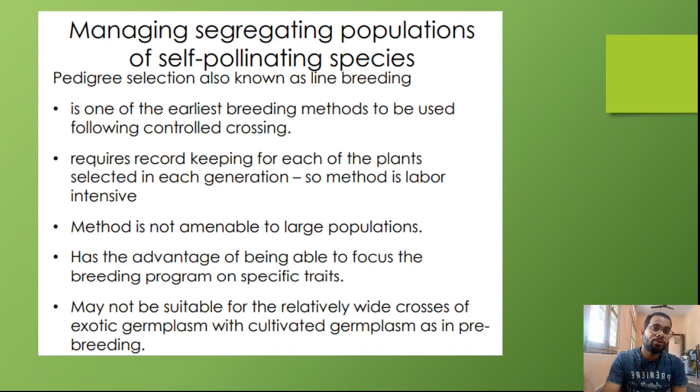You can use these methods also. In today's class I will discuss the pedigree selection method for handling the segregating generation of self-pollinated species. The pedigree method is also known as the line breeding method.